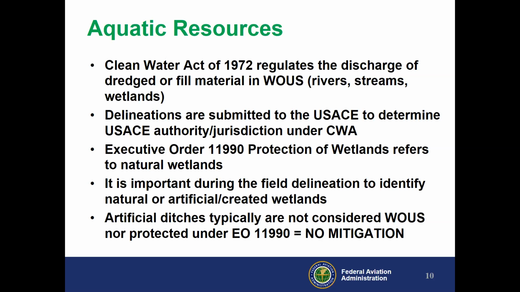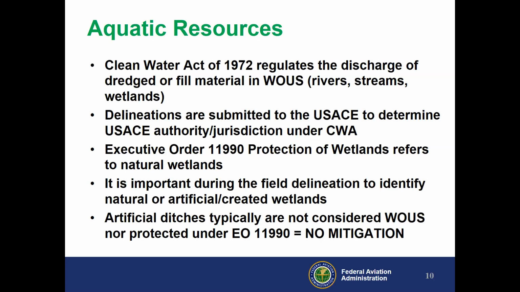So we need to know whether or not those wetlands are natural or artificial, and whether or not they are jurisdictional or non-jurisdictional. Because if they are not natural and they are not jurisdictional, we do not need to mitigate that. But if you don't identify that information when you do your field delineation on natural or artificial wetlands, it's very challenging for us to determine whether or not we will be mitigating under that executive order. But it's very clear under the Corps because they determine jurisdiction.